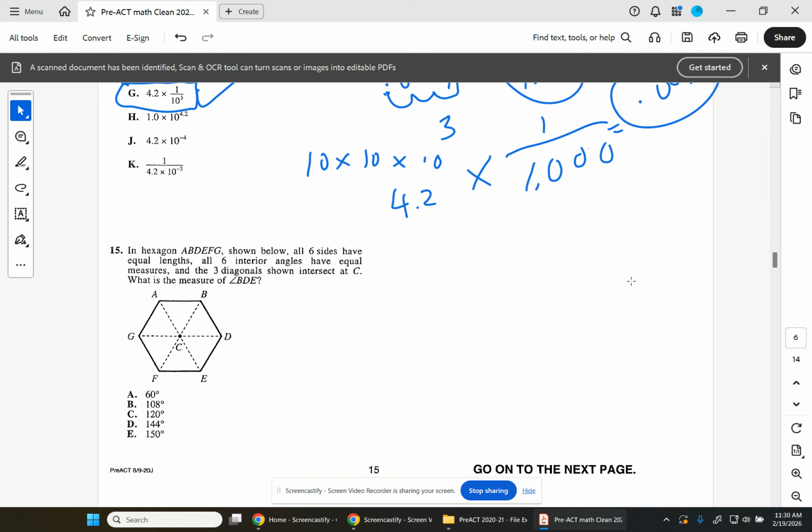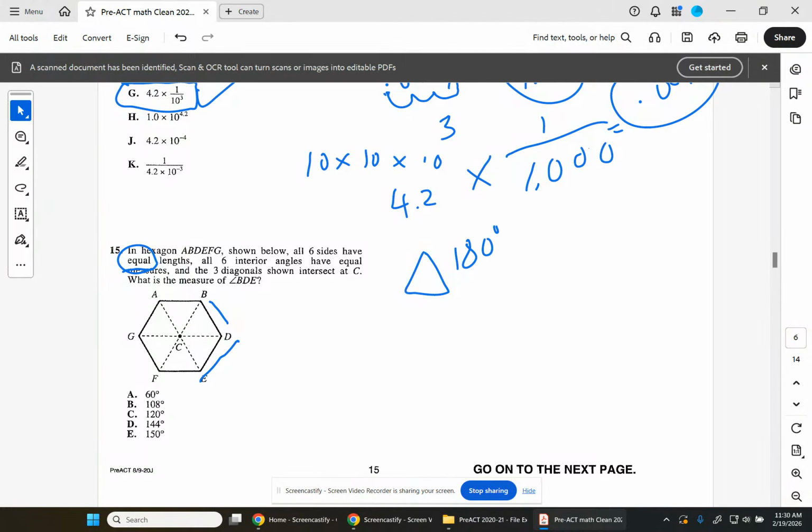Lastly, let's look at 15. Again, in a hexagon, all 6 sides have equal lengths. Awesome. There's that word equal. I love it. And then it says, what is the measure of BDE? So I want this one, BDE. Okay. Awesome. I know I've got how many triangles here? 6, but I know in a triangle I've got 180 degrees.